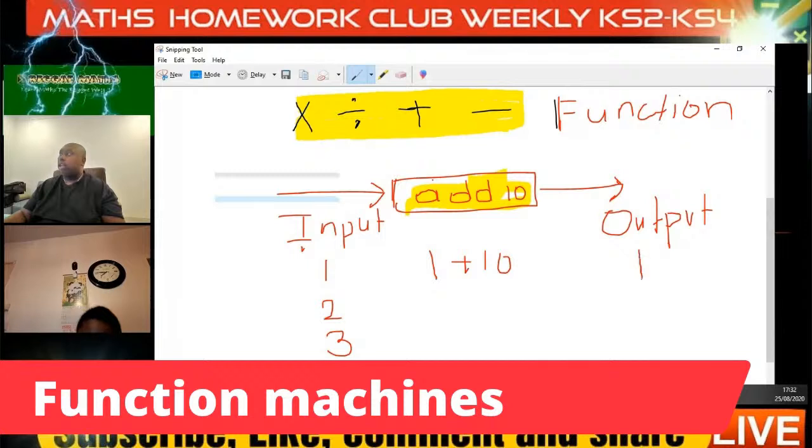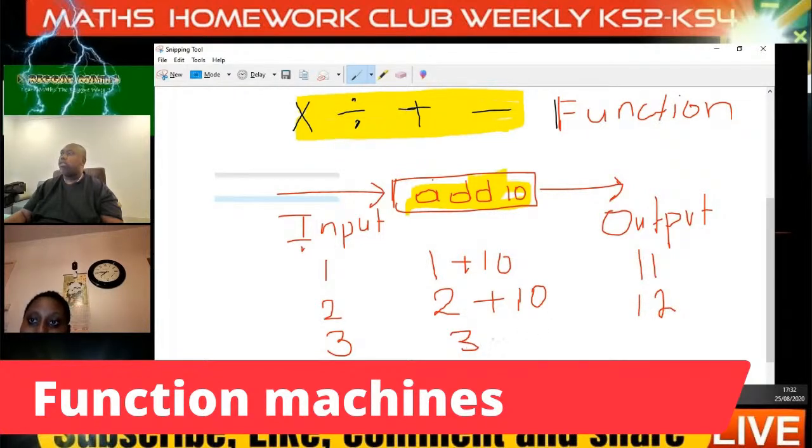11. 11, okay? So input is 2, add 10. What is the output? 12. Right, can you finish the last one for me, please?